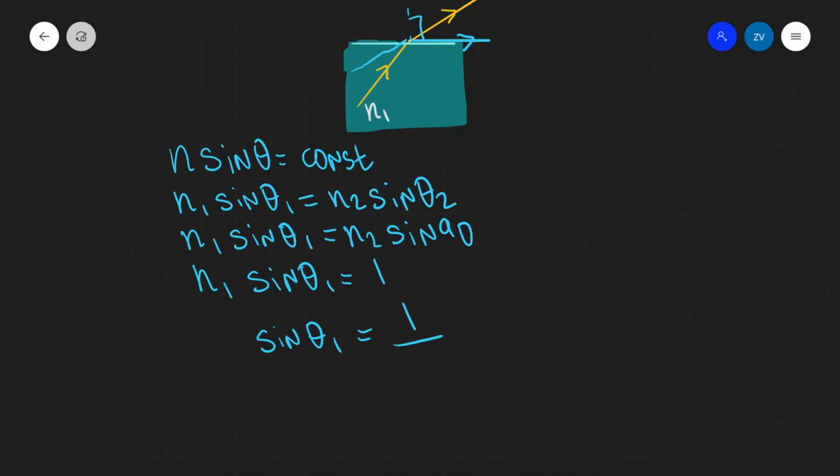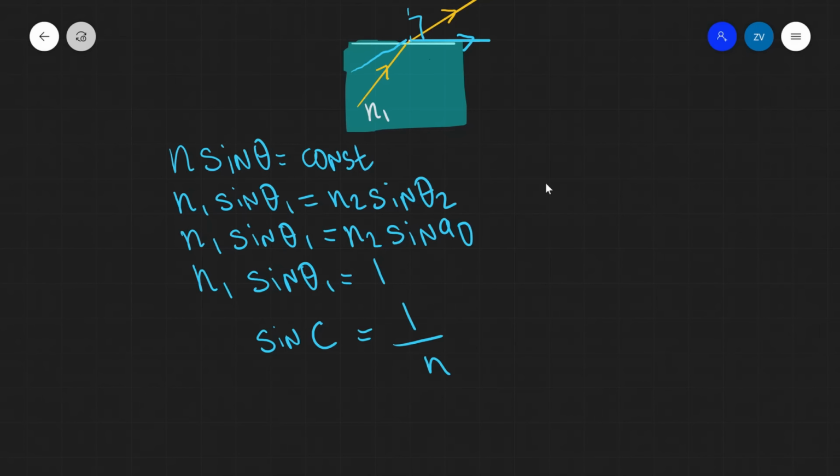Let's just call it n rather than n1, and let's call our angle the critical angle. So rather than theta 1, I'm just going to give it a special name, which is the critical angle C. And this here is an equation that we can use to determine the critical angle.